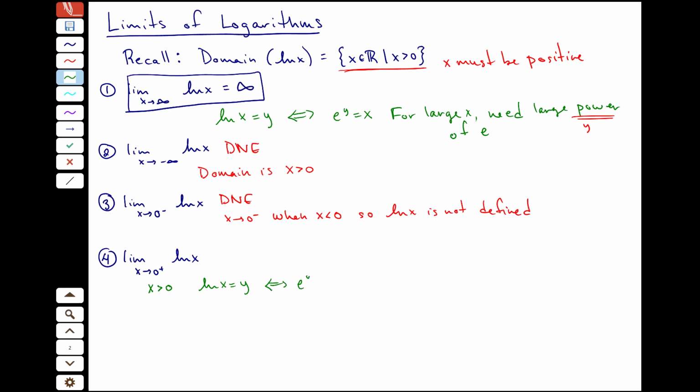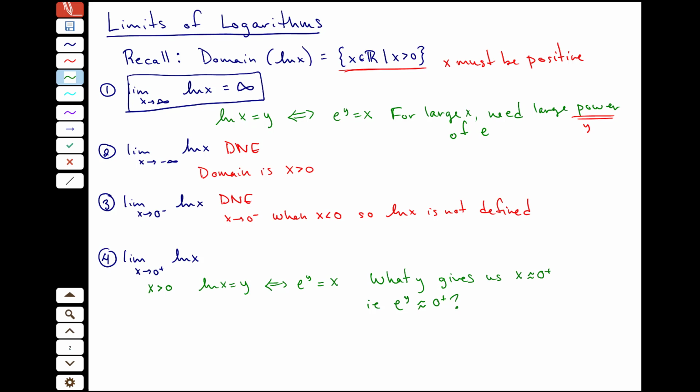So we have e to the y is equal to x, and we think what y gives us x close to 0. So i.e., e to what power is approximately 0. That y is what we're looking for in this limit.